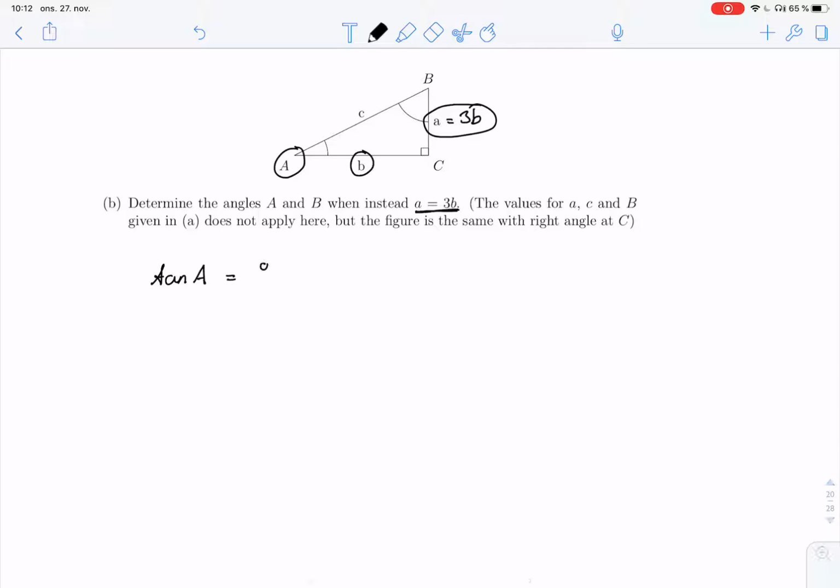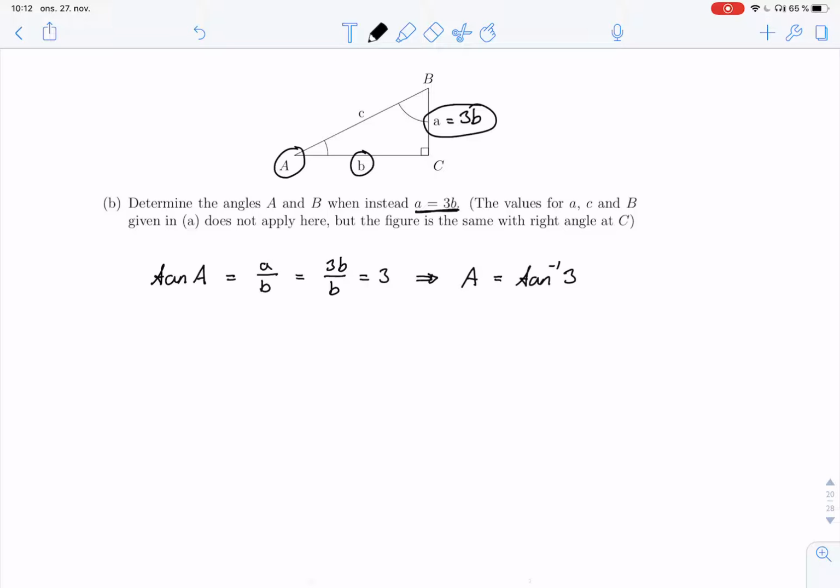And that would be the opposite side divided by the adjacent side. That would be 3B over B, which would be 3. So A would be the tangent inverse of 3.